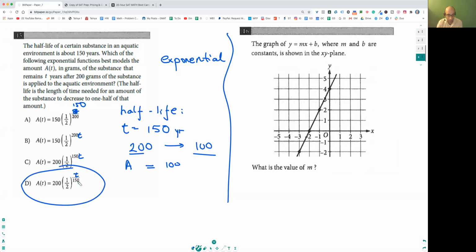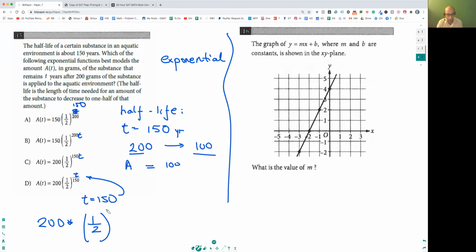But when you plug in t equal to 150, you get 200 times half raised to 150 over 150. 150 over 150 is just 1, so that part is gone, and you're left with 200 times half, which is equal to 100. That's what you want, 200 goes to 100. None of these give the answer except this, so D is the correct answer. Okay, well done.